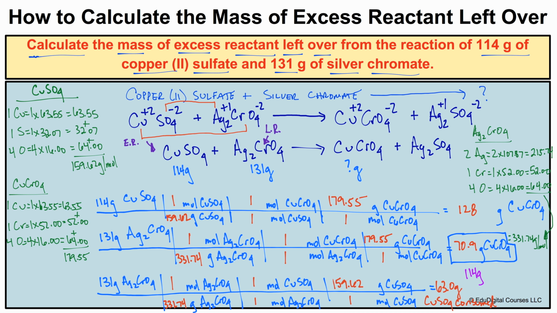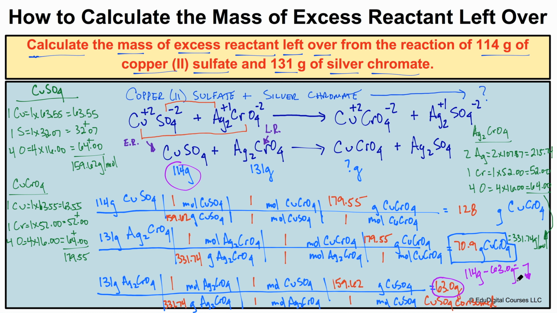Let's go ahead and rewrite that here. So to get the mass of the excess reactant that's left over, we're going to take the starting mass of our excess reactant and subtract the mass of our excess reactant that was consumed. And this should give us our final answer.